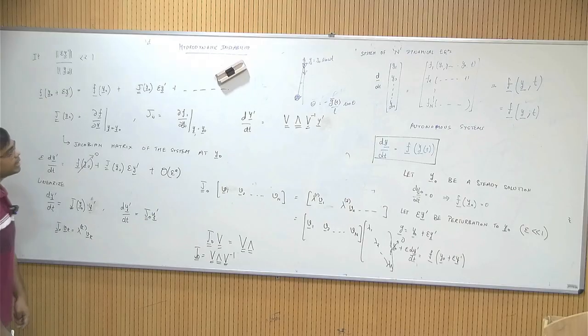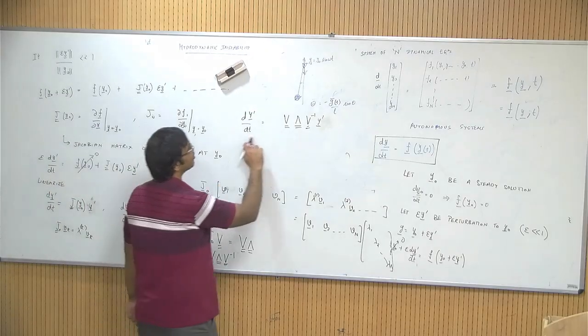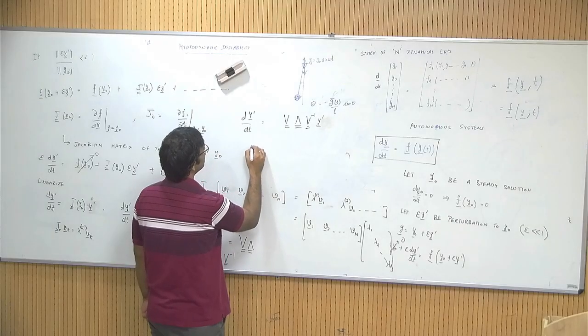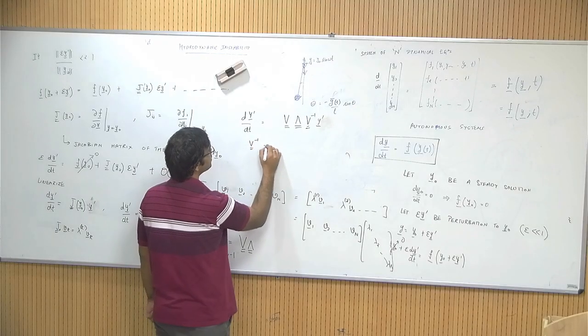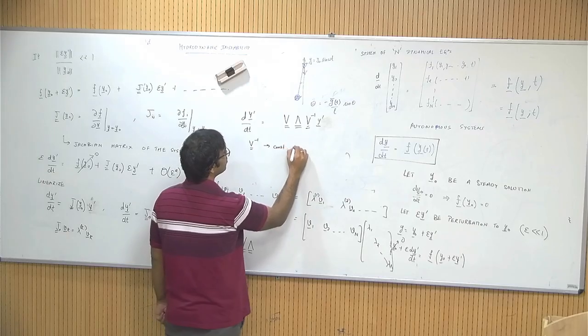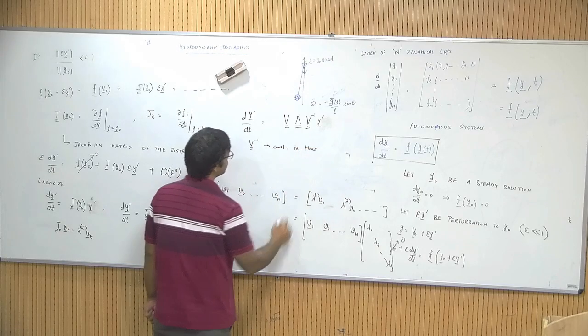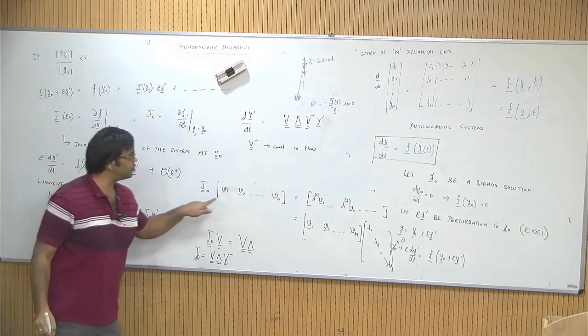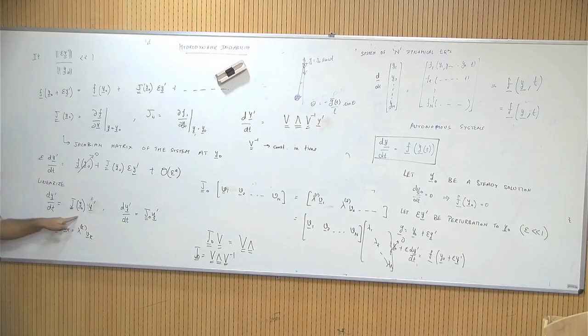Now I can pre-multiply this equation with V inverse, and since V inverse is constant in time, remember V inverse was formed by eigenvectors of J naught. J naught is constant in time because in J naught you have already substituted the base state, it is a function of Y naught.